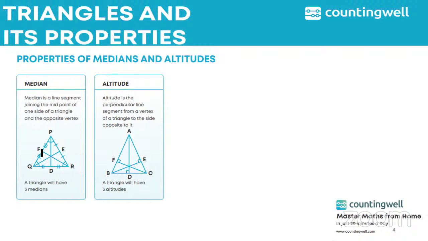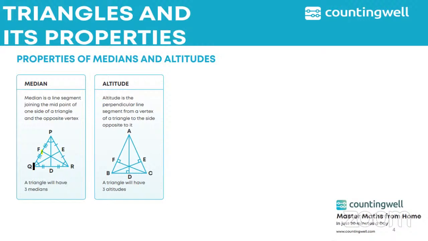So here you can see F is the midpoint of side PQ. It is joining the opposite vertex R of side PQ with F. Again, E is the midpoint of side PR and Q is the angle opposite to side PR.